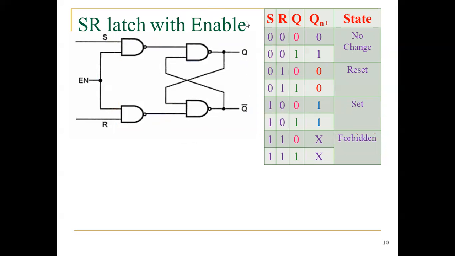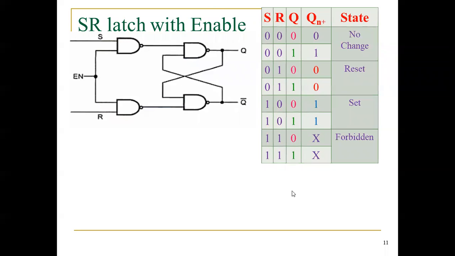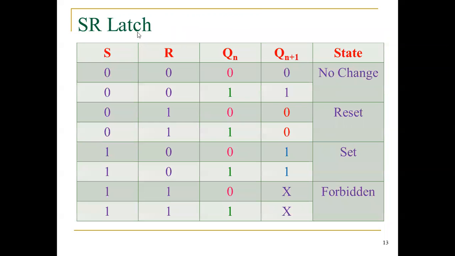Okay. So this is the SR flip-flop operation. The entire operation of the SR flip-flop is tabulated here. That means initially I made the assumption that my S input and R input are 0, 0. What will happen?